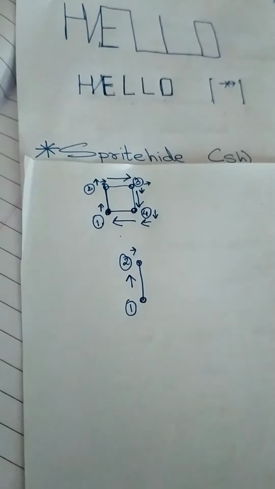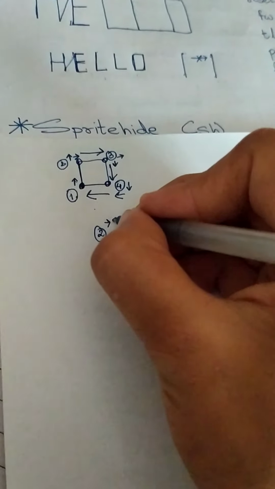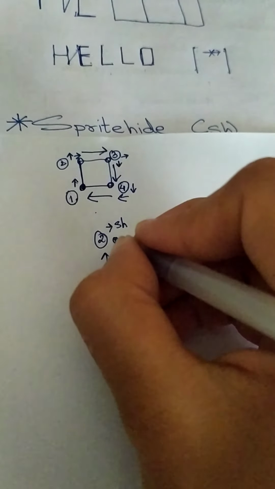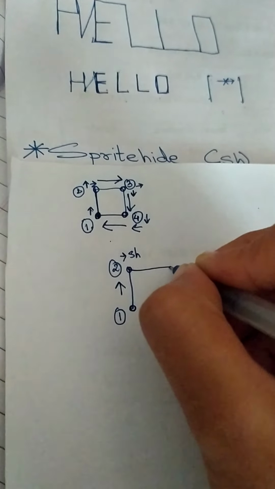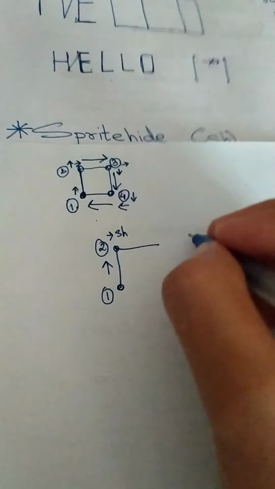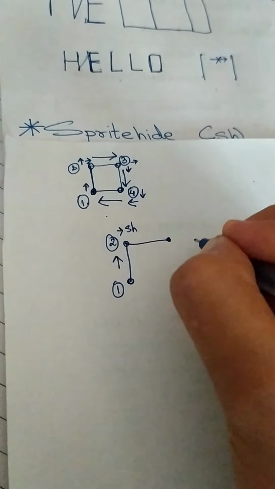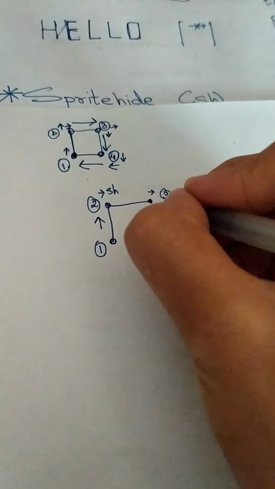Now if I don't want to see this turtle on the screen, which command will I use over here? Spirit hide, SH. So I can't see the turtle, but it is moving on the screen. It will be hidden. Then the turtle comes over here, but I can't see it. It is facing this side. This is its third position.